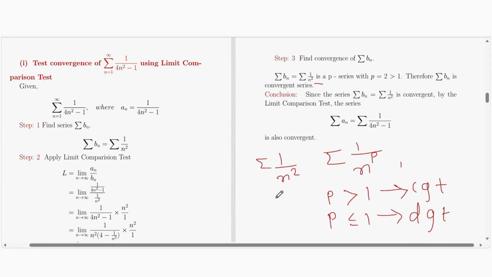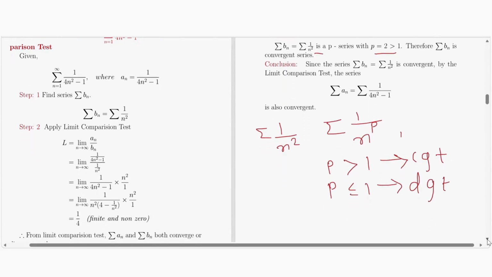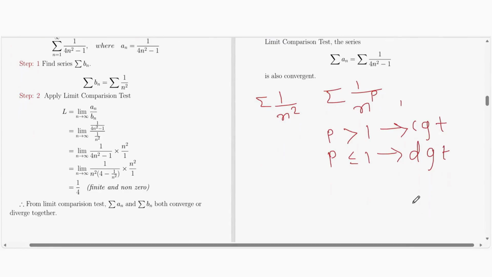Now compare with the P series. What is my P here? P equal to 2, and 2 is greater than 1. So from this condition, the given series is convergent. So BN series is convergent, and as per the limit comparison test, series AN and series BN both converge or diverge together. तो मतलब कि अगर सीरीज BN convergent है तो AN भी convergent है.